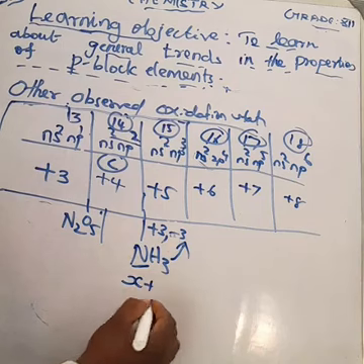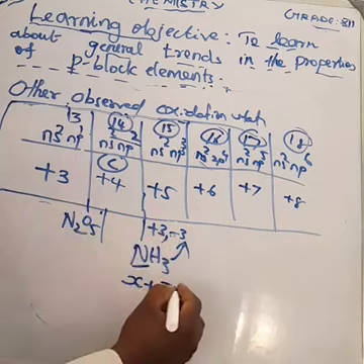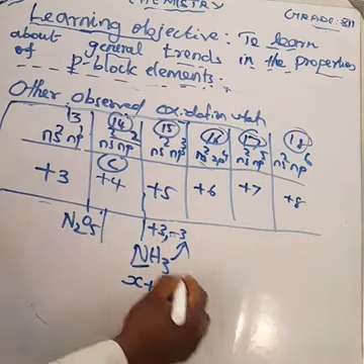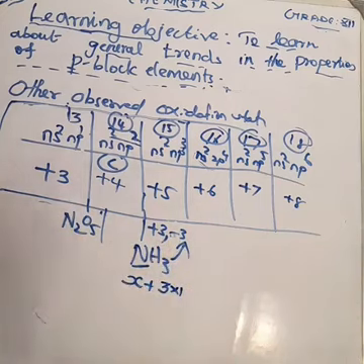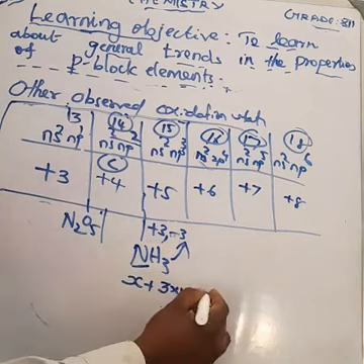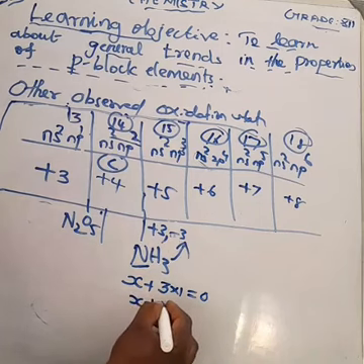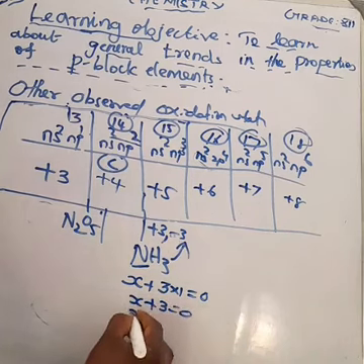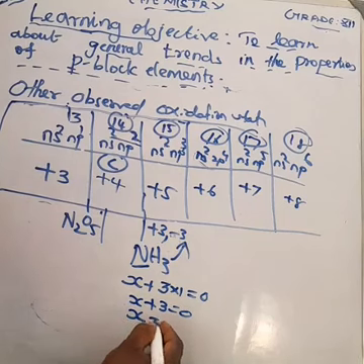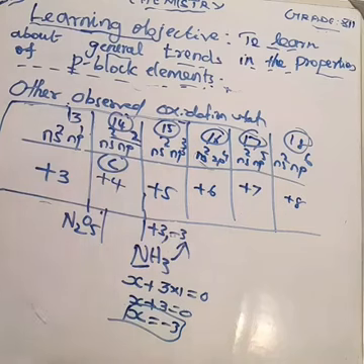So nitrogen I am taking X plus, how much hydrogen is there? 3 hydrogen. What is hydrogen value? Plus 1 value. Am I right? All alkali metals having plus 1 value. Okay, plus 1 into 3 equal to 0. So X plus 3 equal to 0. X is equal to minus 3. So we get minus 3.